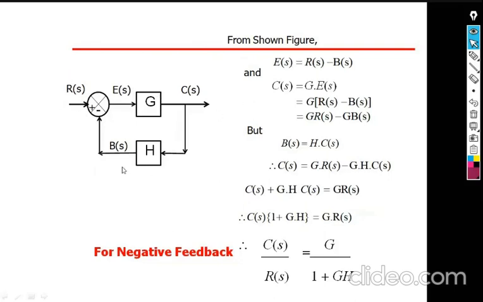In this block diagram, one input variable is there, R of S. In addition, extra variables came here: E of S and B of S, and the final output variable is C of S. So the transfer function does not require intermediate variables. It is the ratio of final output by initial input. What happens in between is not needed, that is the matter.